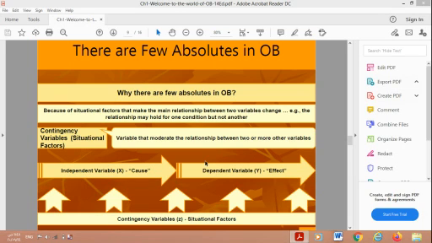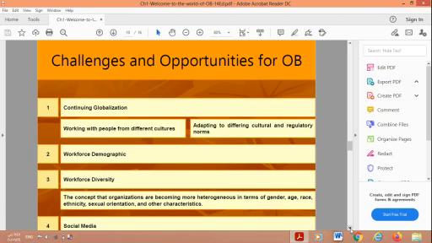For that reason, sometimes two people often act differently in the same situations. Okay, we are again talking about human beings. They are complex, and all of them have their own personalities, their behavior, their values, so they act differently in the same situations. For that reason, we can say that there are few absolutes in organizational behavior.